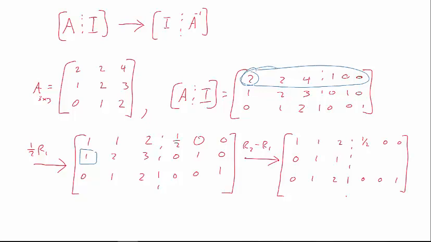Now don't forget, we've got to do these guys here, right? So 0 minus a half, so negative 1/2 here. One minus 0, so 1 goes here.